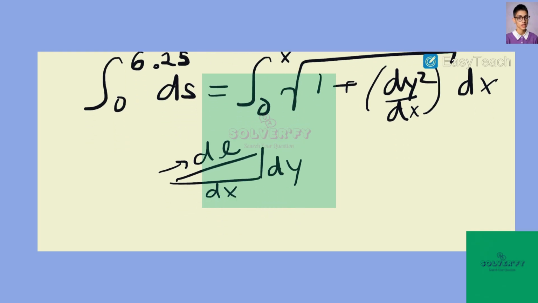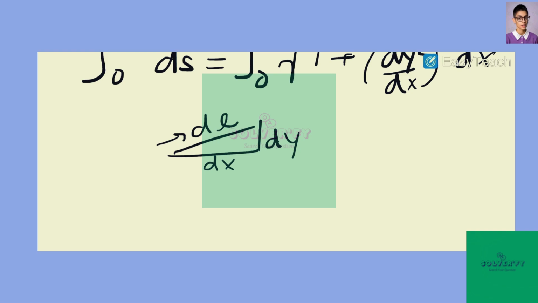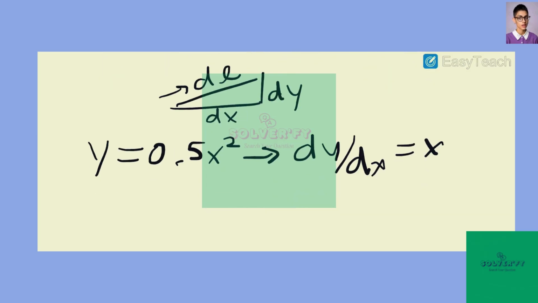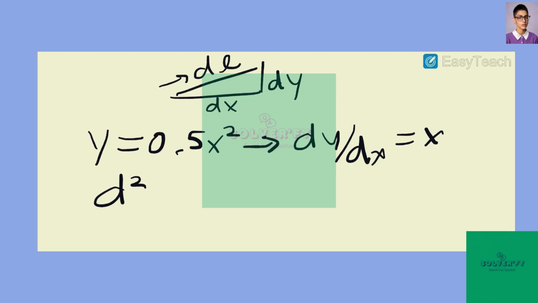So what we can do is use the profile that's given to us and say that since y is equal to 0.5x squared, we know that dy/dx is equal to x. Therefore, we also know that the second derivative of y is equal to 1.